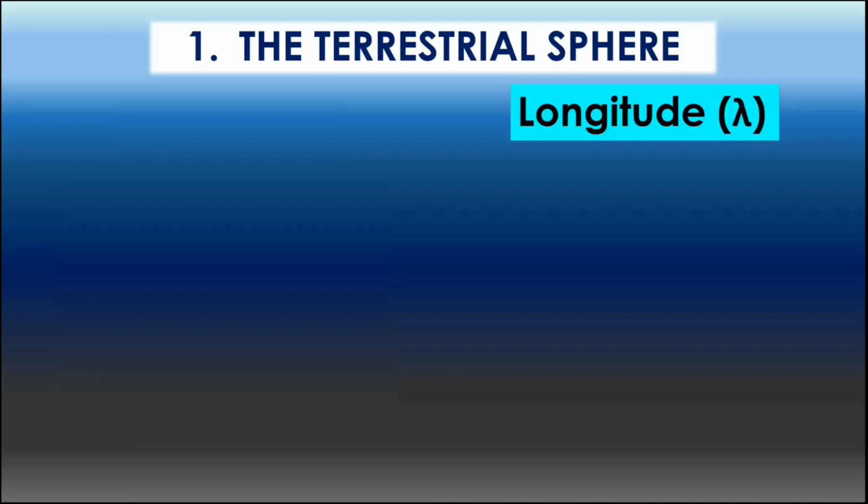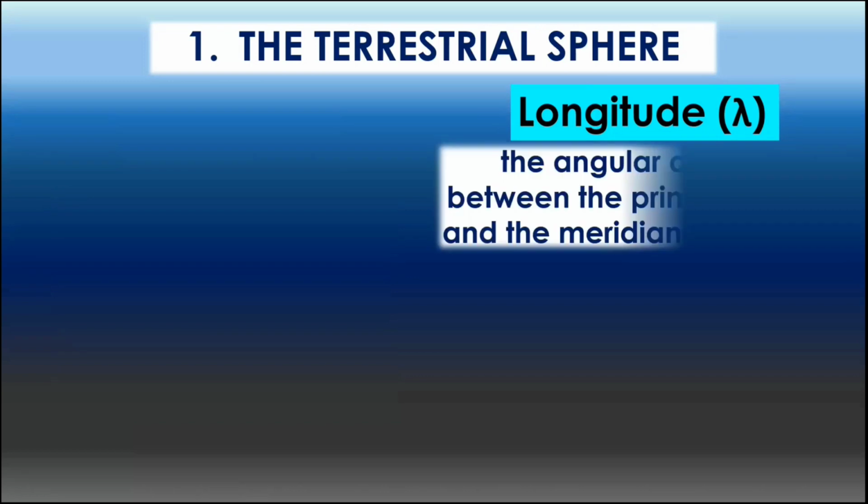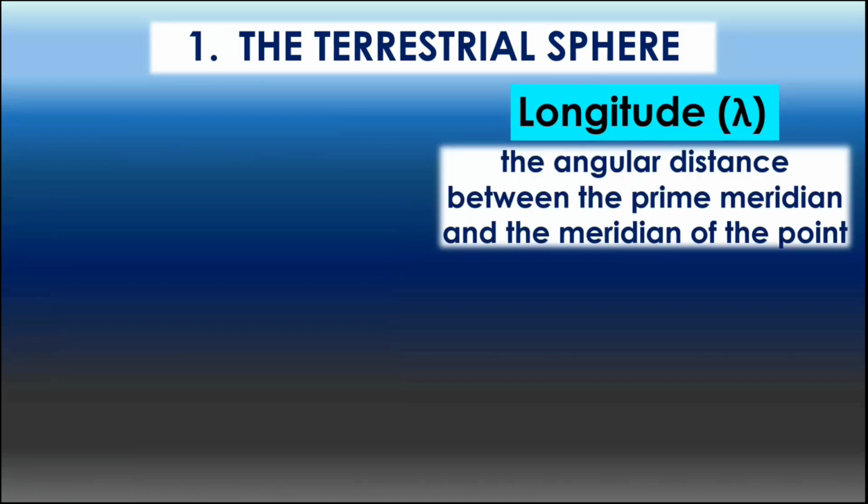Next, we have the longitude. The longitude is the angular distance between the prime meridian and the meridian of the point. The prime meridian, we already discussed this a while ago. It is the meridian that passes through Greenwich, England.